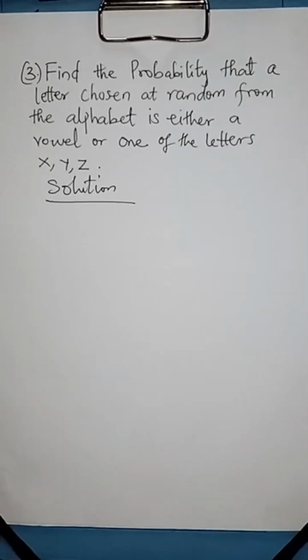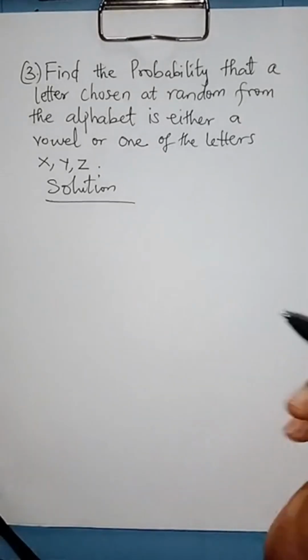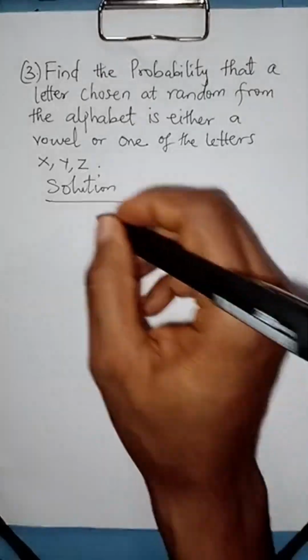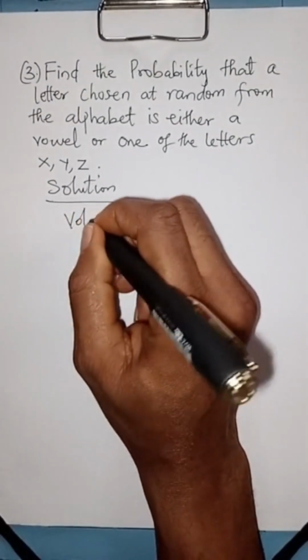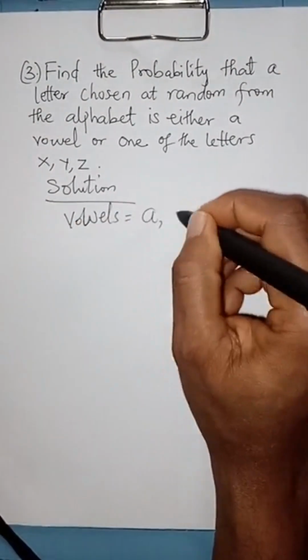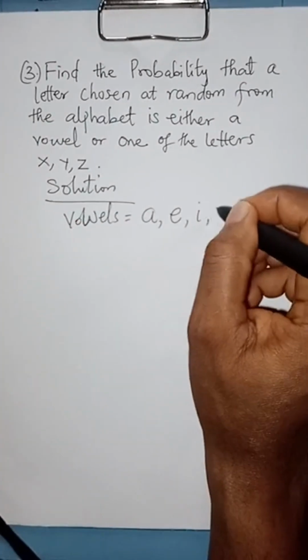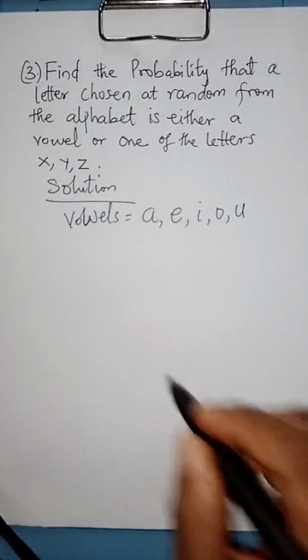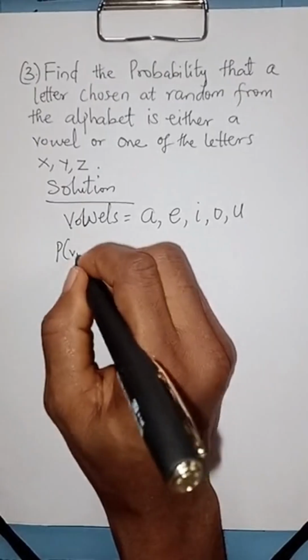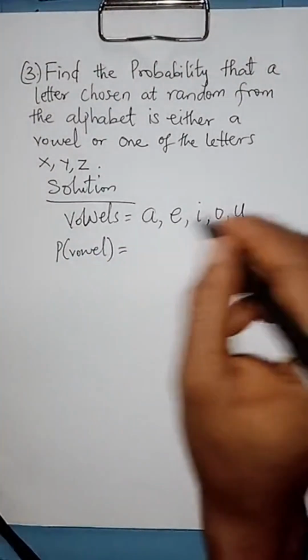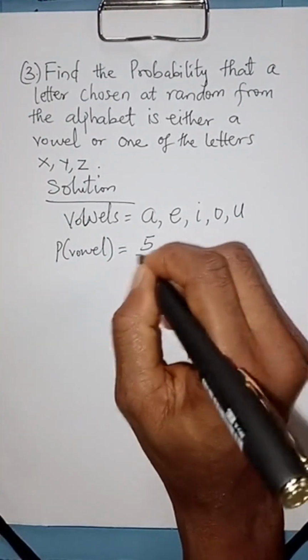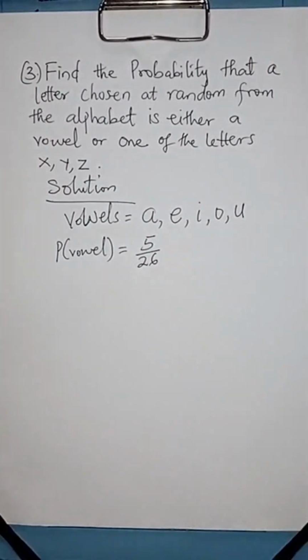Now let's look at question number 3. Find the probability that a letter chosen at random from the alphabet is either a vowel or one of the letters X, Y, Z. As we know, there are 5 vowels in the English alphabet: A, E, I, O, U. So the probability that it's a vowel is 5 out of 26.